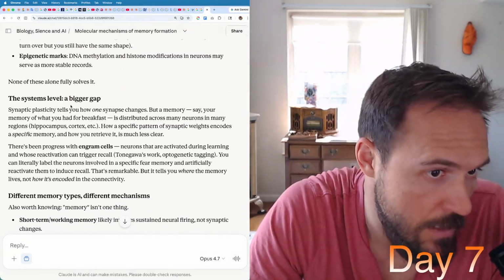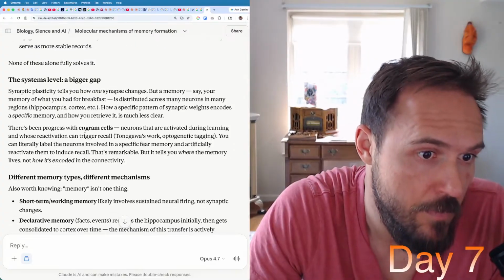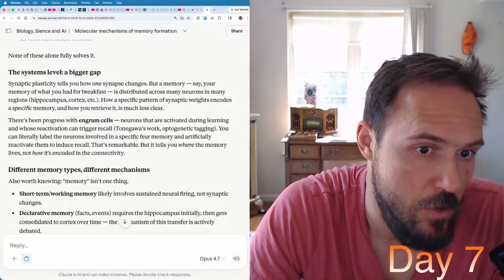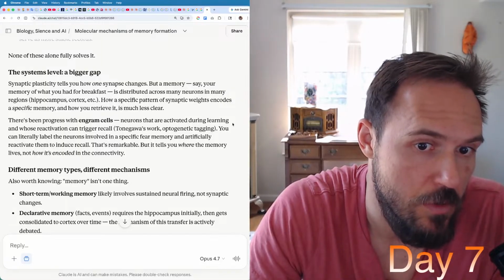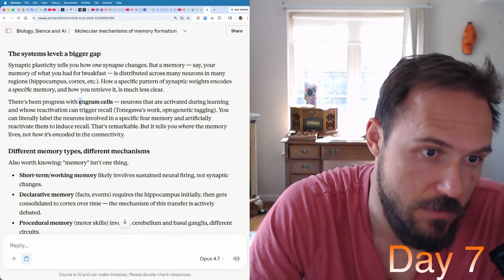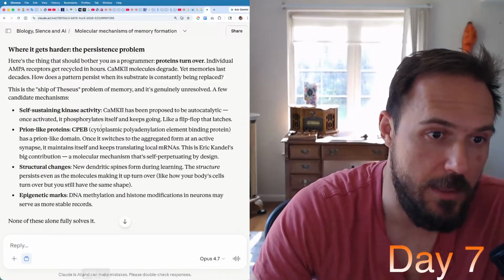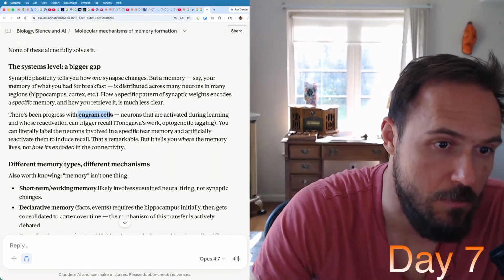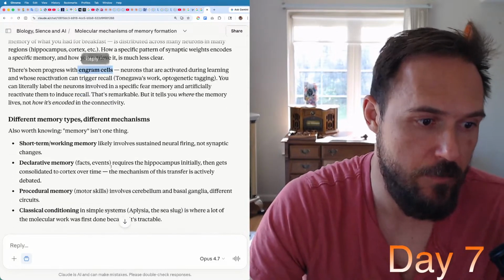The system level is a big gap. Engram cells: neurons that are active during learning and whose reactivation can trigger recall. Yes, no, this one. Okay, I take my $20 from this and put $100 on engram cells.